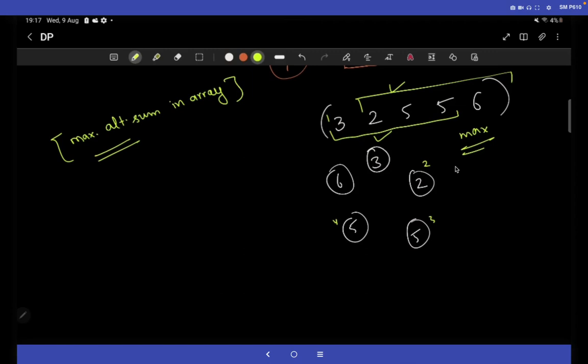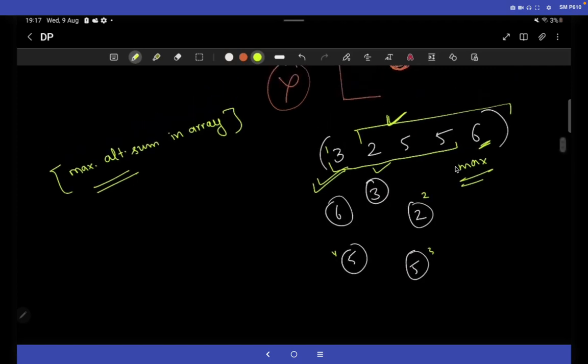Okay, so let's understand this again. We'll break the array into two parts. In the first array, we'll include the first house and exclude the last house. And in the second array, we'll exclude the first house and include the rest of the houses. So those are the two cases.